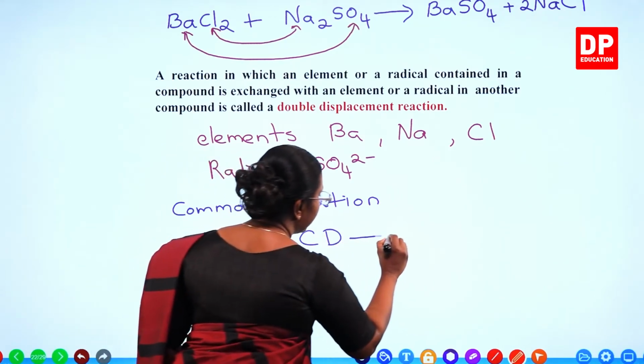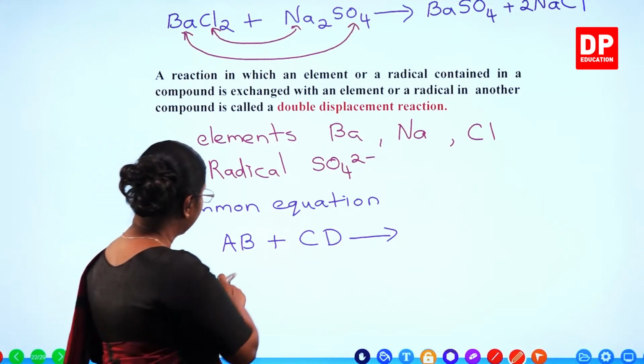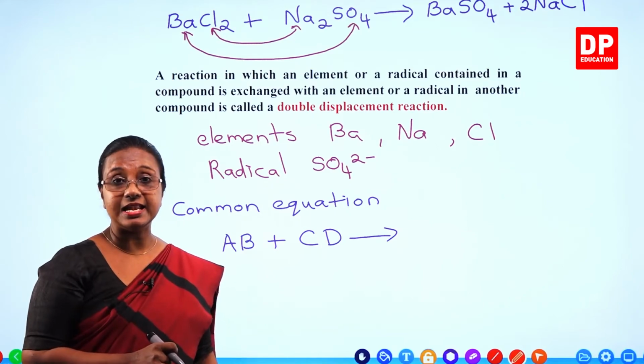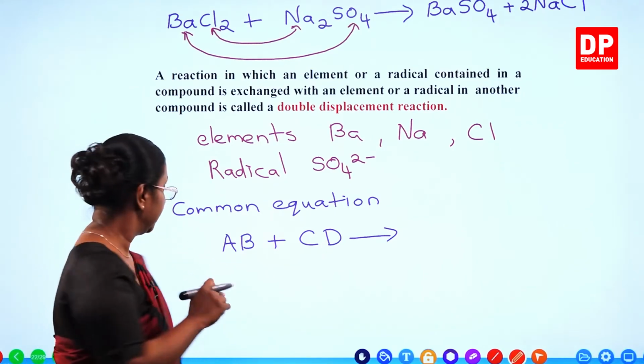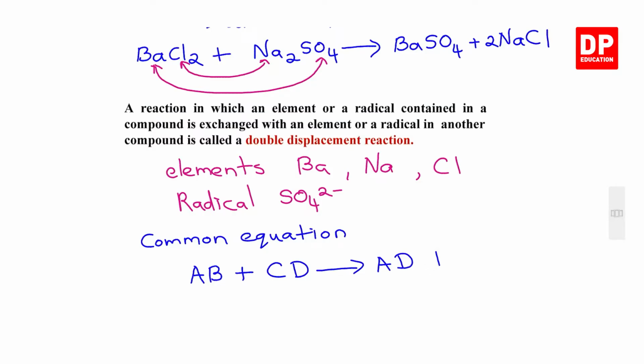So, then there is a double displacement. So what will happen? A is the cation and D is the anion. So the cation has to combine with the anion only. Therefore, A will combine with D. At the same time, C is the cation, B is the anion there.